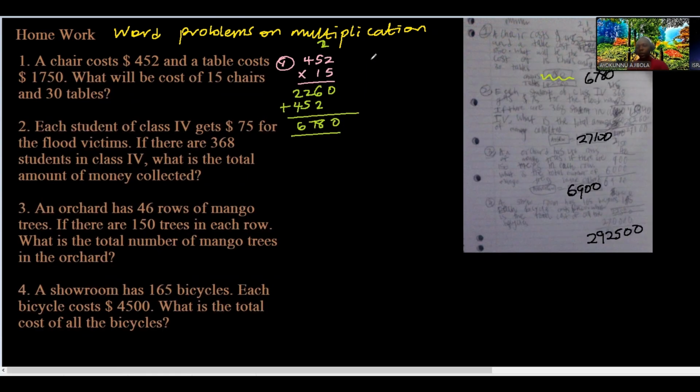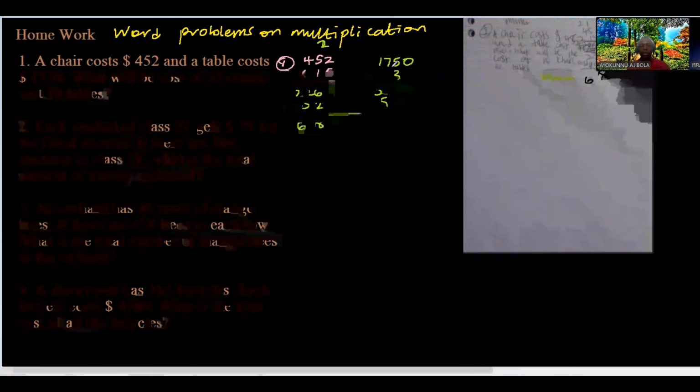And the second aspect is 1750 times 30. So 0 multiplied out to give me 0 in 4 places. And 3 times 0, 3 times 5 is 15. You keep 1. 3 times 7 is 21.